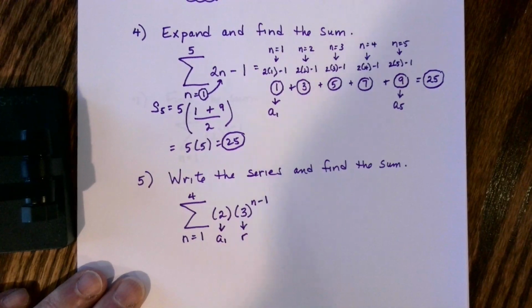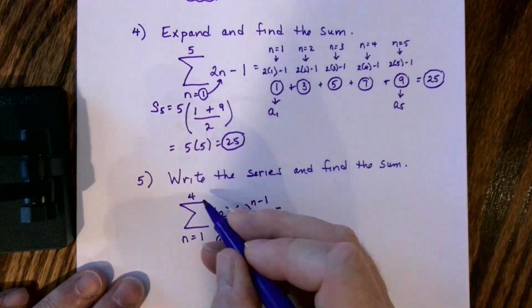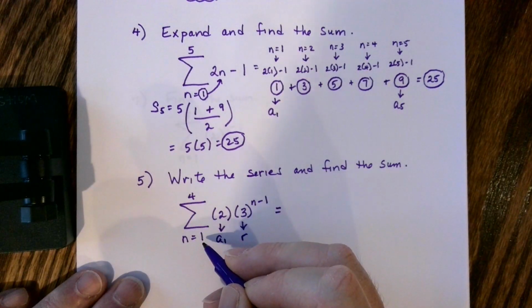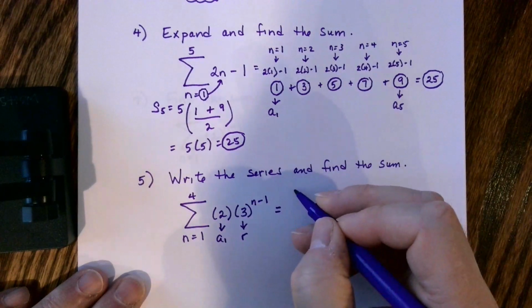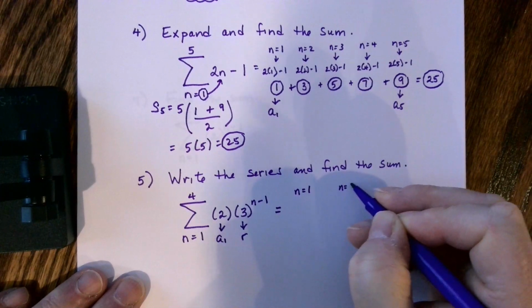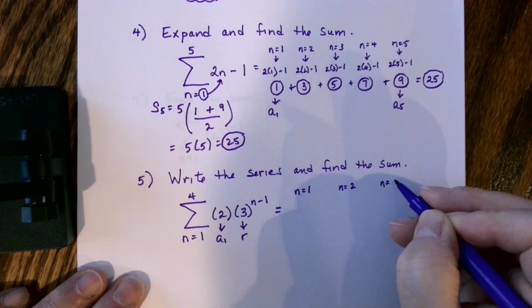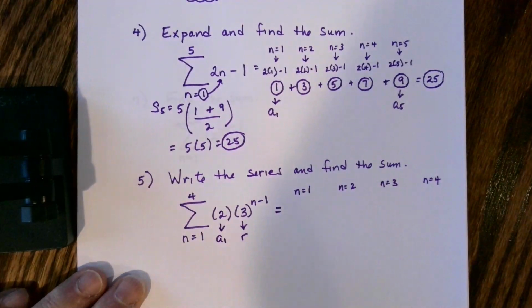That's going to become important in just a minute. Let's see if we can find our values. Once again, they want us to start with our first term. They want us to end with 4 terms. So I have to count to 4. N equals 1, n equals 2, n equals 3, n equals 4.